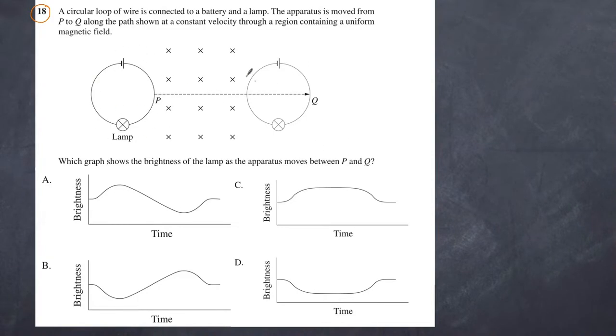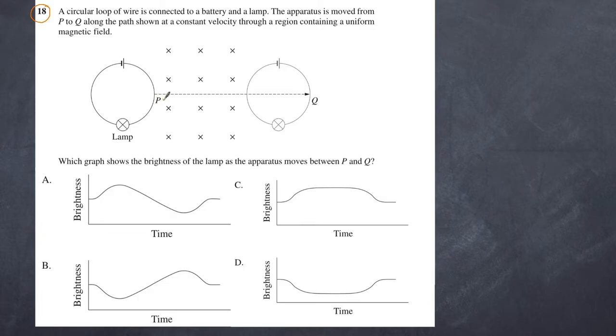You've seen diagrams where a loop of wire moves into a magnetic field that causes a change of flux, and that means an induction taking place in the loop of wire. But this has also already got a current. So let's just ignore the current just for the moment and ask ourselves what happens as it enters as a ring. So if we have no current here, as this moves in here, we will generate an EMF.